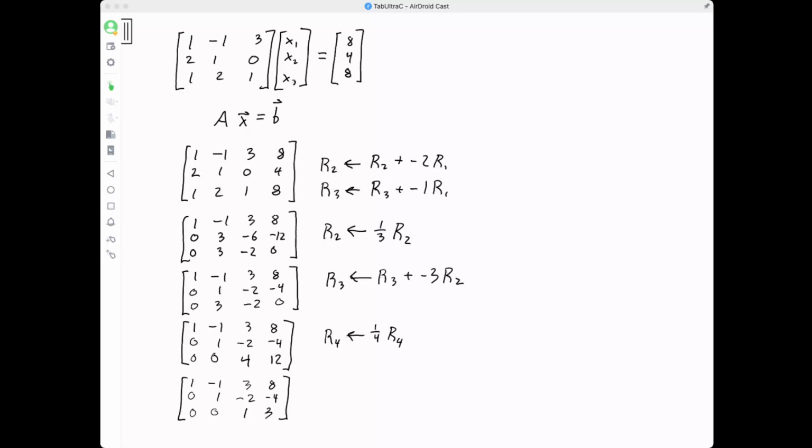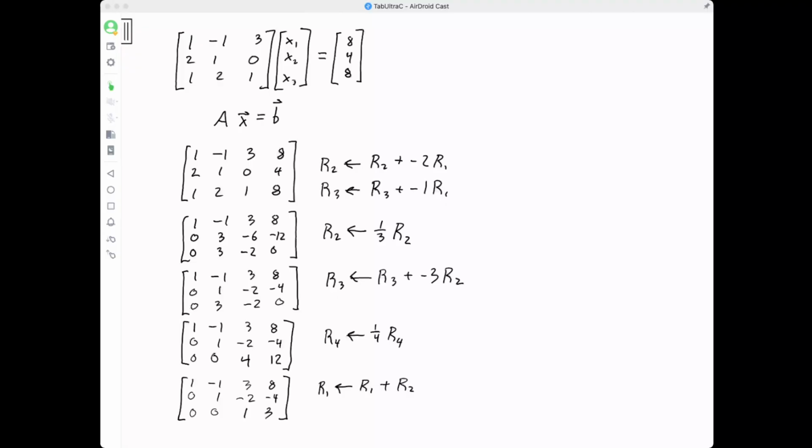And what I like to do is clear out the entries above. So I'm going to replace row 1 by row 1 plus row 2. That entry above the leading 1 in row 2 is going to become a 0.